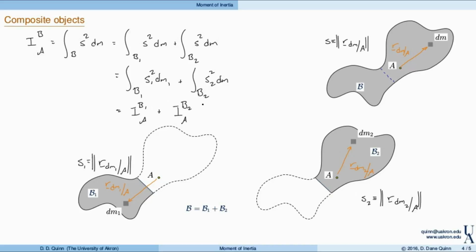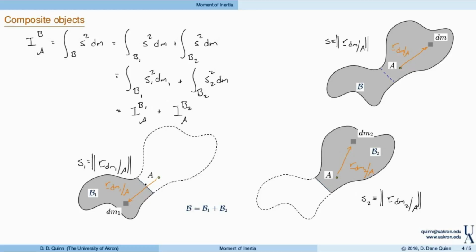So again, for composite objects, we would look at the moment of inertia about point A of one part of the object and add that to the moment of inertia about point A of the second part of the object. Now notice that over in this picture for body 2, A is actually a part of the object, while for body 1, A is not physically located on that part of the object.